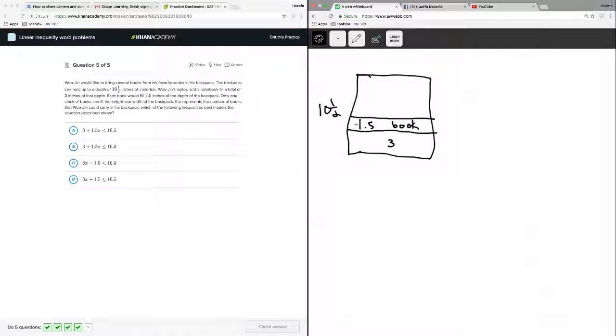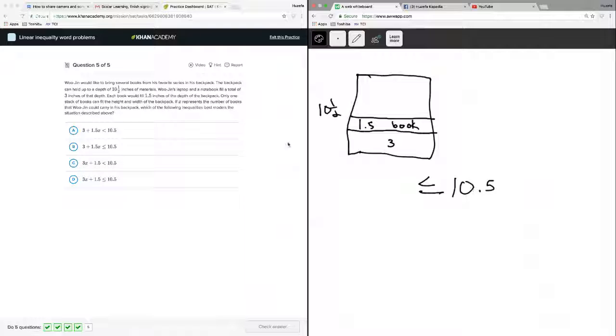The whole thing is 10.5. Some of these have less than, some have less than or equal to. And I would say it's got to be less than or equal to, because it could go the entire depth. There's no reason that it has to be less than 10.5, unless it says that. It doesn't. It says it can hold up to a depth of 10.5.